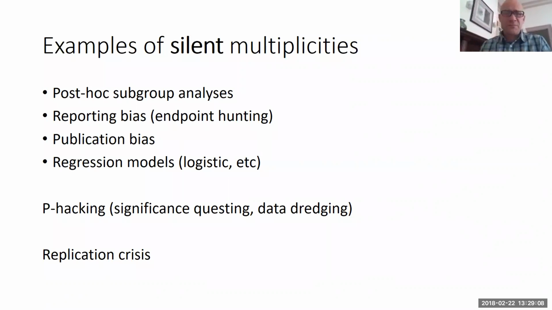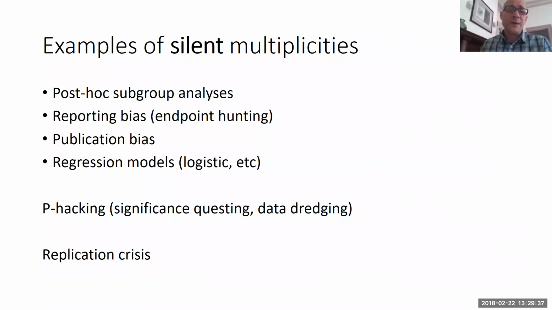Regression modeling is another slightly different example of silent multiplicities. If you've developed any logistic regression models, you'll know that there are a lot of minor, subtle decisions made when developing the model, but in the published paper we only ever see the final model, so we don't know how many other models were actually tested.